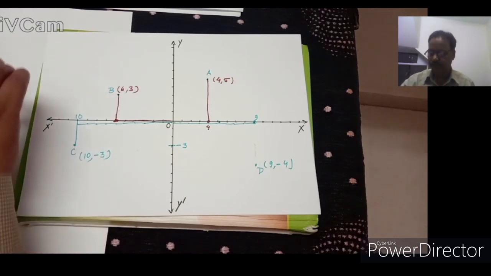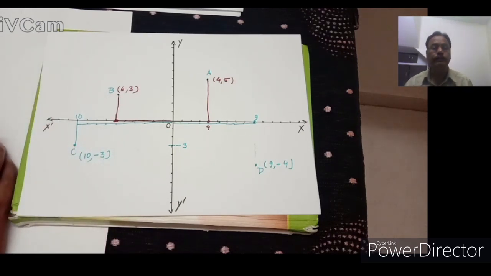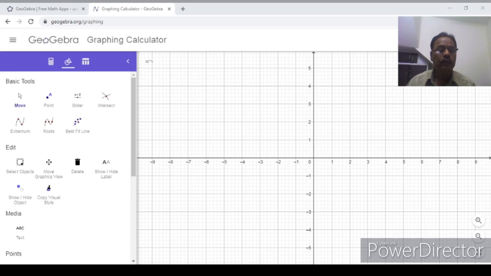Now let us see it on the GeoGebra. Yes, on the graph paper, let us find out how do we find out the coordinates of the given point on the Cartesian plane.